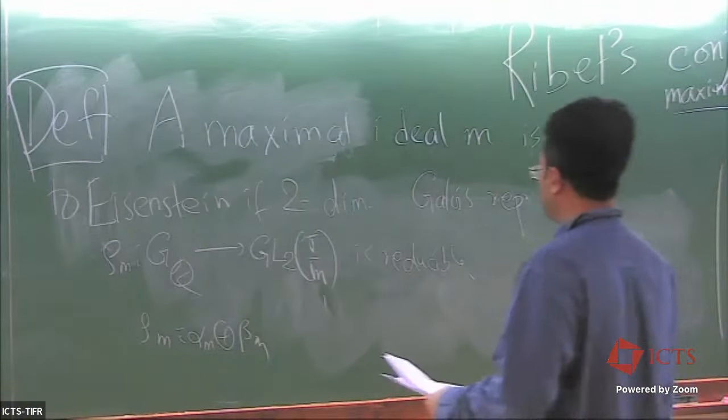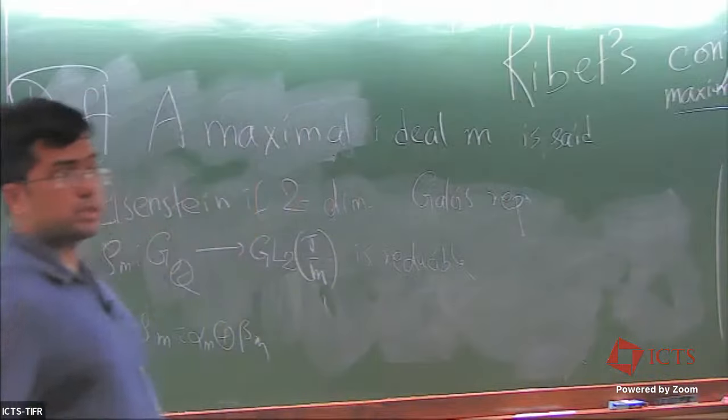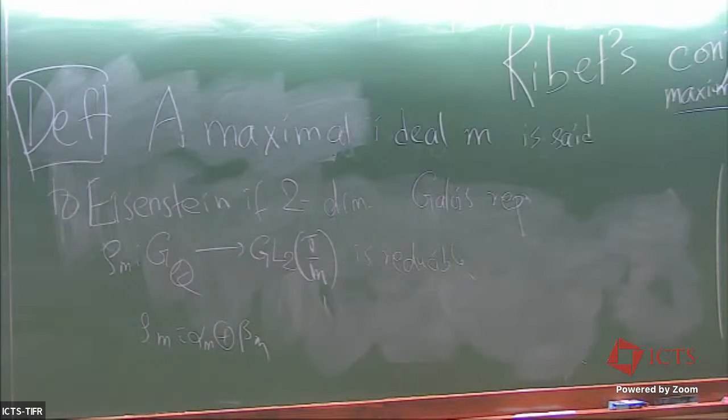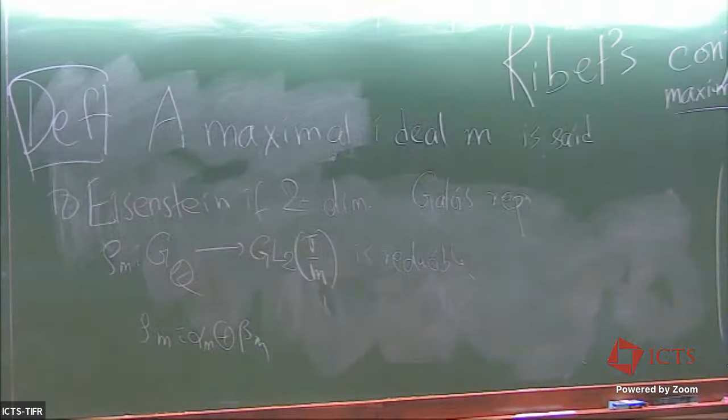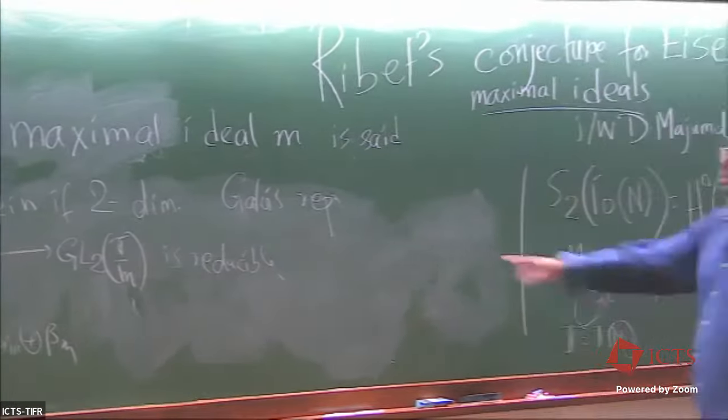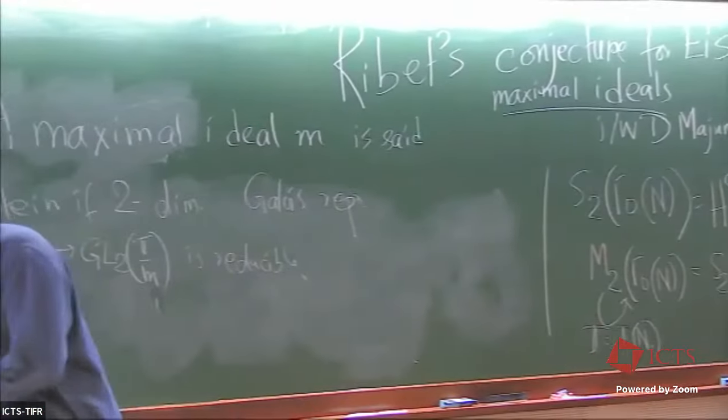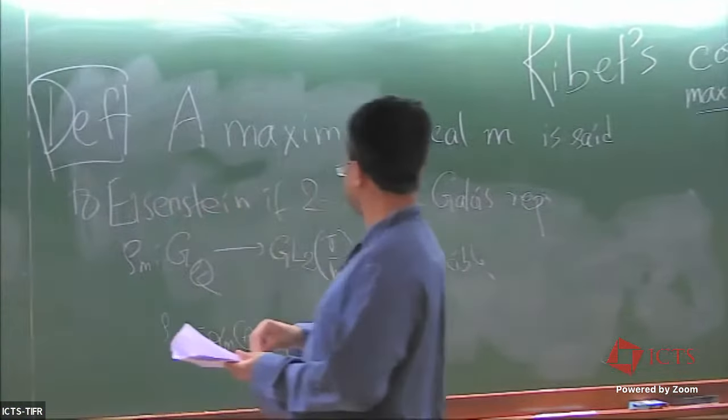Okay, and so this Galois representation you can write down all the properties that is similar to Diamond Shurman. Last chapter of Diamond Shurman, where he wrote down for irreducible Galois representation. So it has a similar property like this, and this is a two-dimensional Galois representation.